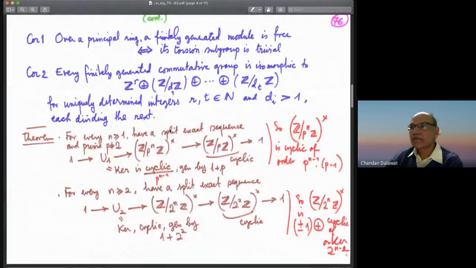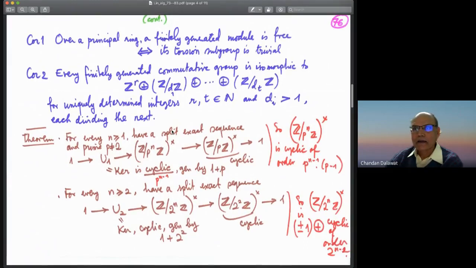Okay, since I have only 1 minute left for the remaining 5 or 6 slides, let me go through it quickly. So one of the corollaries is that over a principal ring, a finitely generated module is free if and only if its torsion subgroup is trivial.